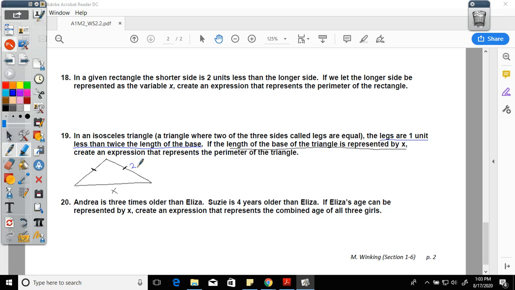So that's going to be 2x minus 1 on both of these because they're equal. It's an isosceles triangle. All right, and then they want us to write an expression that represents the perimeter of the triangle. Well, if you remember, the perimeter is just where we add up all the sides. So what that means is we're going to do 2x minus 1 plus 2x minus 1 plus x.